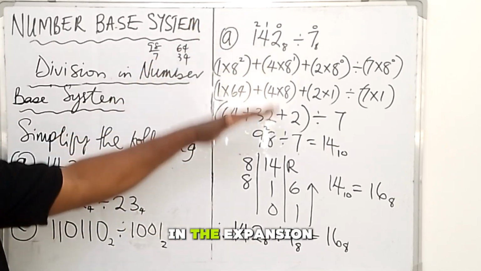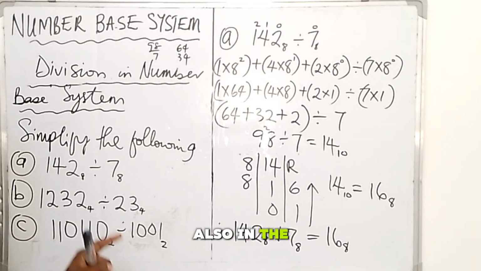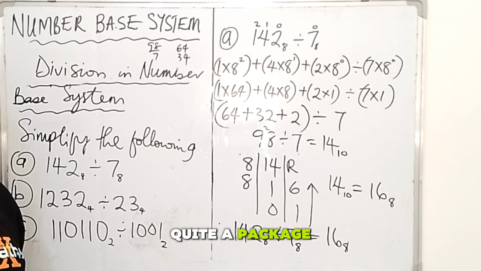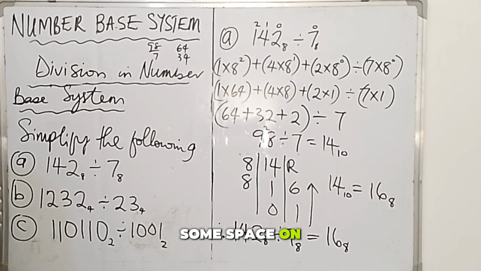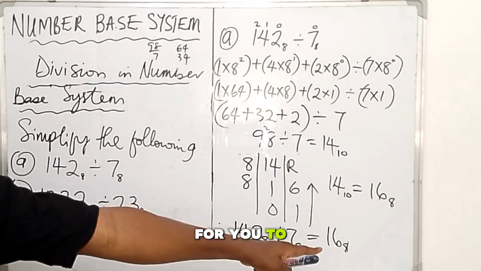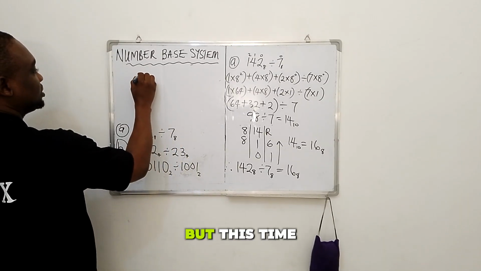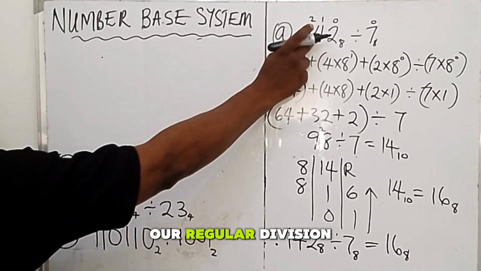Having done this in the expansion method, I would want to do it also in the regular division method. Our class today is going to be quite a package. I will take some space on this part of the board because we need to keep this for you to see. So same number, my dear students and viewers, but this time around, we'll be using our regular division.